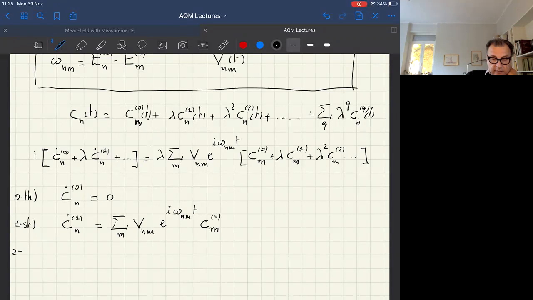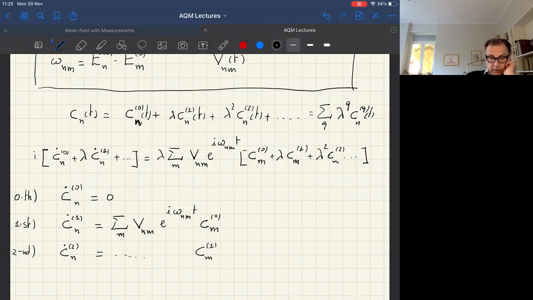Second order, you can do it. It's just C dot 2 of n, the same as with C1, of m.